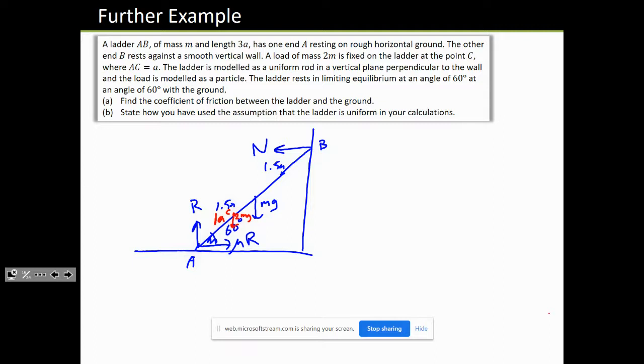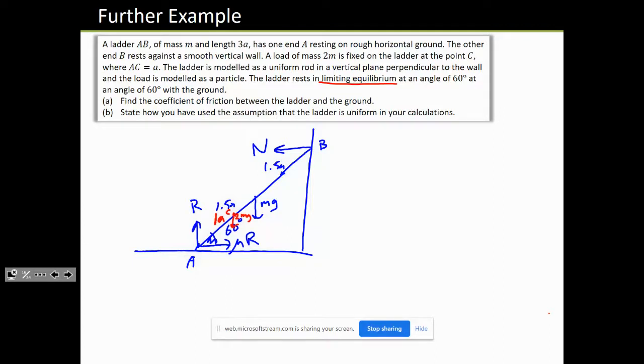Then, that is all the information from the question. Find the coefficient of friction. It's in limiting equilibrium as well. So all of the moments and the resolved forces are going to end up being 0.